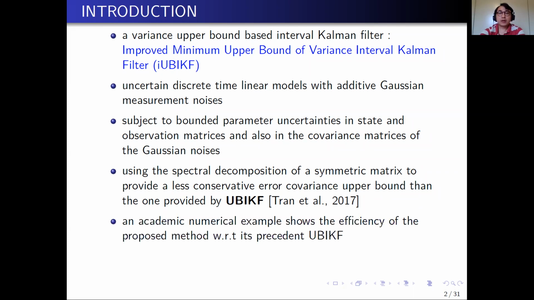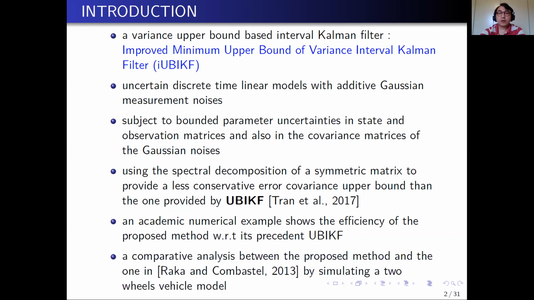An academic numerical example is used to show the efficiency of the proposed method with respect to its precedent, UBIKF. Also, a comparative analysis between the proposed method and the one proposed in Rakotondrabe and Combastel 2013 is proposed by simulating a two-wheel vehicle model, an application in the automotive domain.